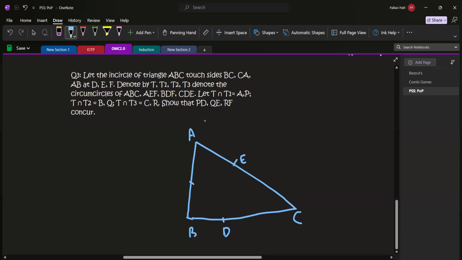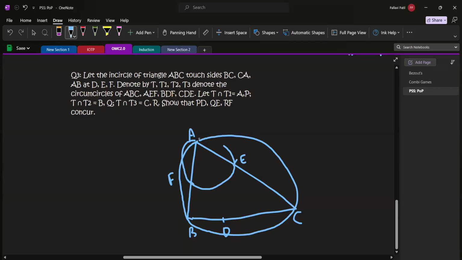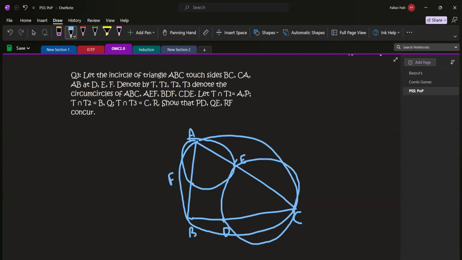Now we are considering four circles. One is the circumcircle of ABC. Then we have the circumcircle of AEF, circumcircle of CAD, and circumcircle of DB, and we intersect each with the bigger circle.